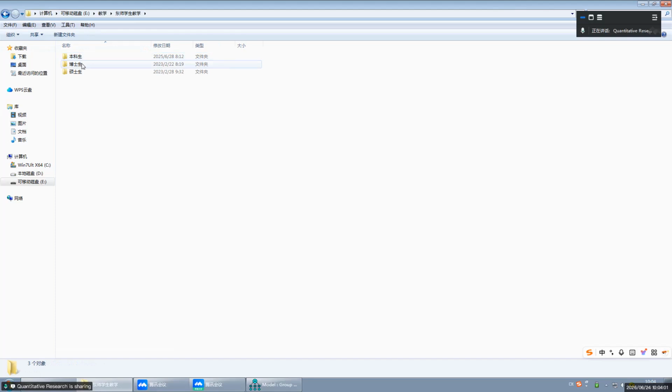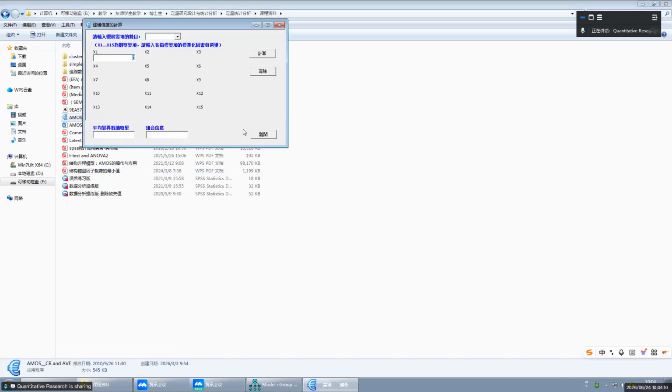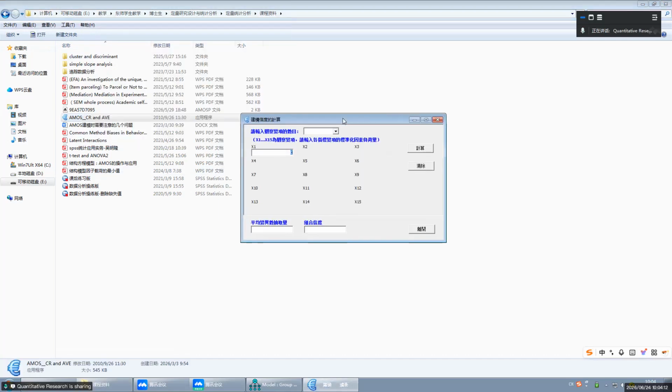You see this one, but it's only in Chinese. I can explain what they are. Here, this is the number of the indicators.